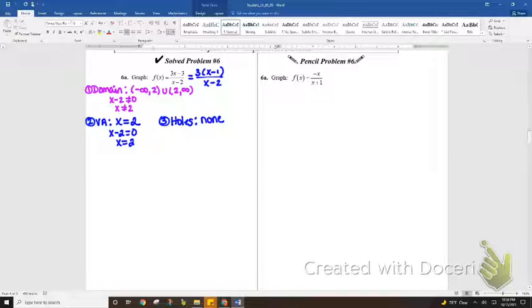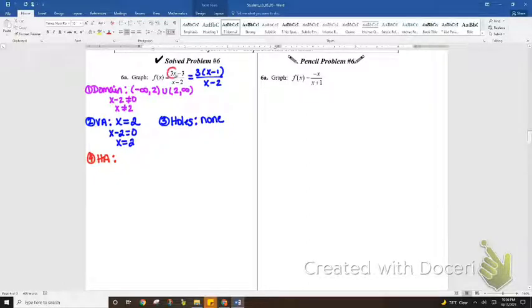Alright, let's keep going. Let's do our horizontal asymptote. Horizontal asymptote has to do with that highest power of x. So where's our highest power of x? Well, it's a little harder to see in the factored form, but the nice thing about the horizontal is it's very forgiving. So even if you use the original one, you're still going to get the same answer as if you use the factored one. So I'm just going to use my original one for this one.